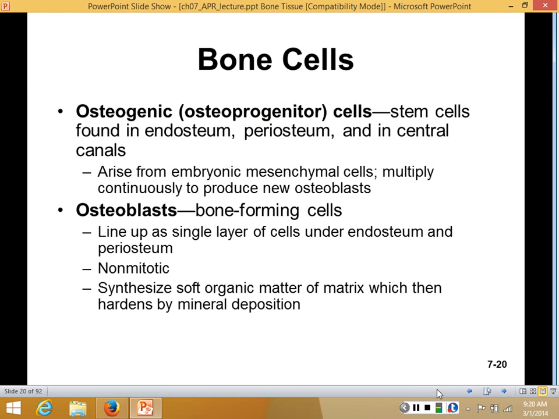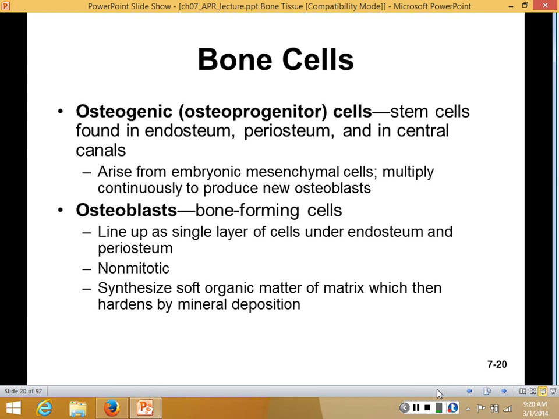So here you have it. They have each one listed with their major duties. I mentioned your osteogenic cells. They come from the mesenchymal cells, which we talked about in Chapter 5. Mesenchyme, of course, can give rise to any type of cartilage or tissue in the body, because they're considered stem cells as well.